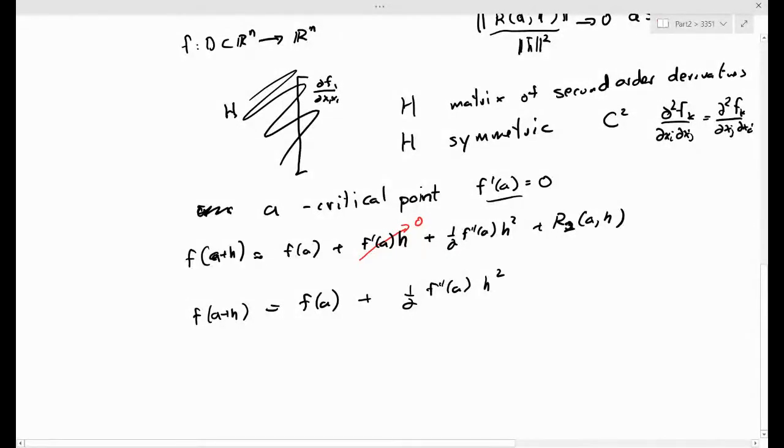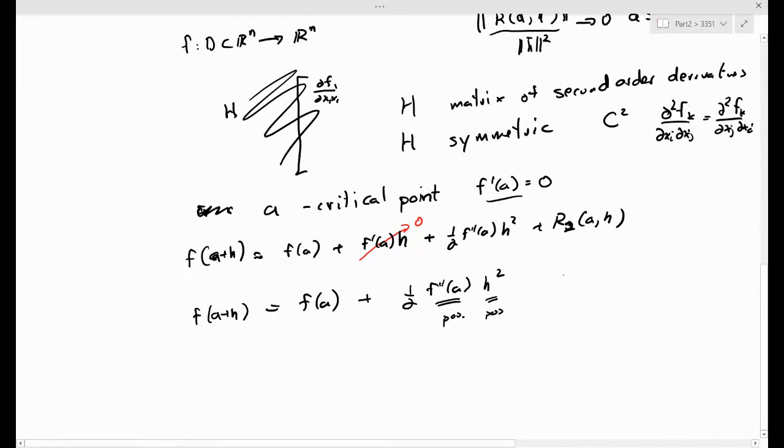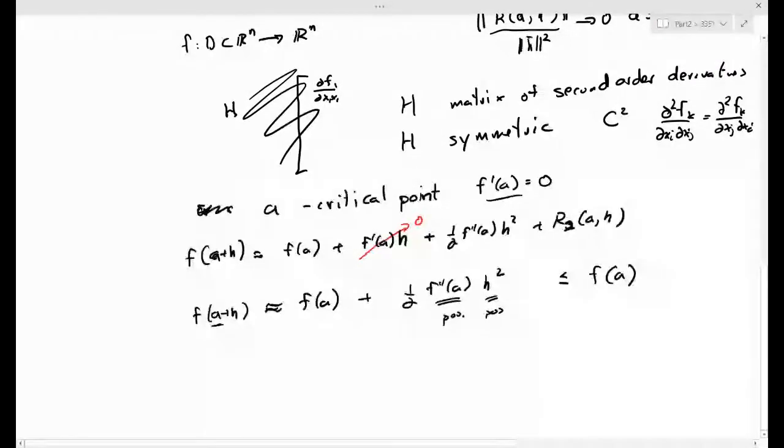The idea is that if this second derivative is positive, this is obviously positive, then f at a plus h would be greater than or equal to f at a, right? So if you take any point close to a, then it's going to be at least what the function is at a, and then we can take care of the remainder later on.